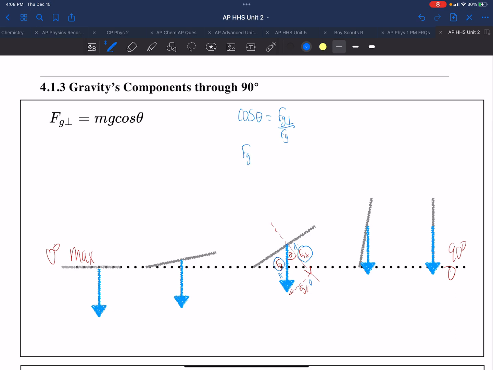So that the force of gravity perpendicular is Fg cosine theta. And Fg is mg, so it's mg cosine theta. Now you could try to memorize this, but the likelihood is about 50% that you'll get it incorrect and confuse it. You should be able to figure it out at any moment in time.